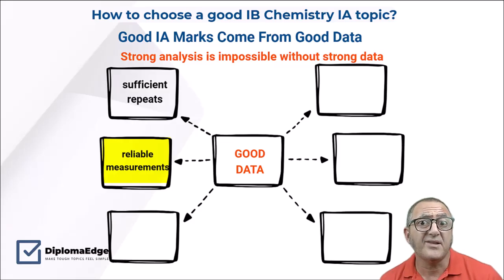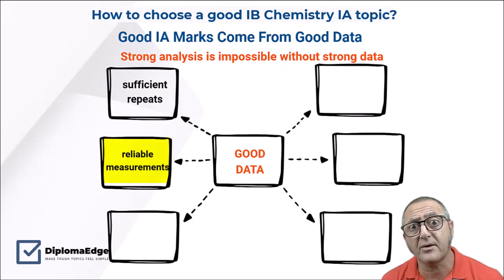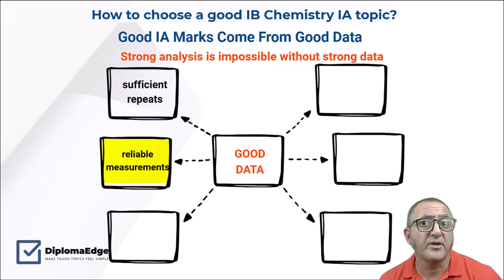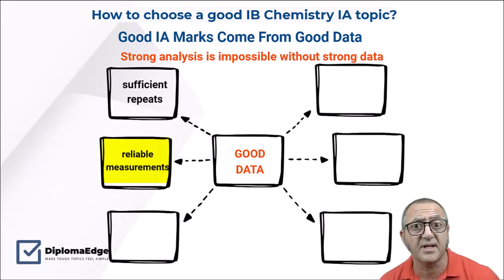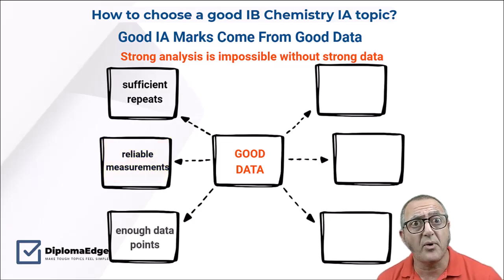So you either have to use a better apparatus that is more precise, like a temperature probe, or when you design the experiment, you should have gone for larger increments in the independent variable that allow you for a better comparison.